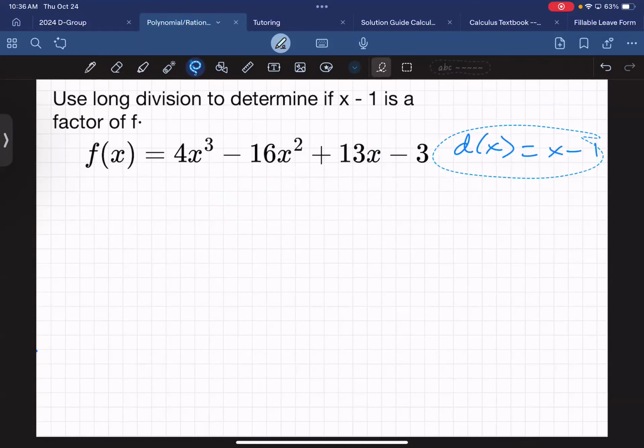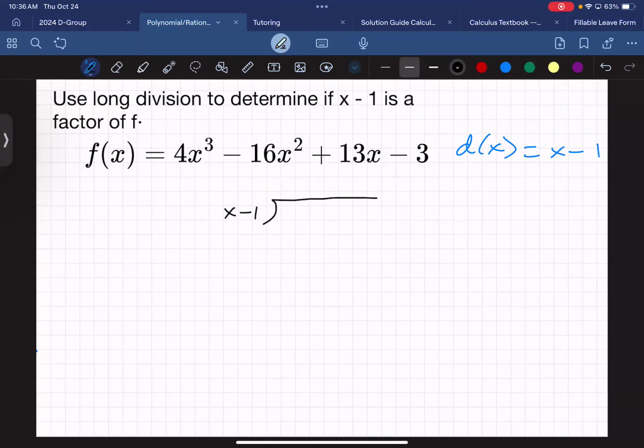Right, we're dividing into f of x. So when I go to set this up, we're putting x minus 1 on the outside and f of x on the inside. Where do I go from here?